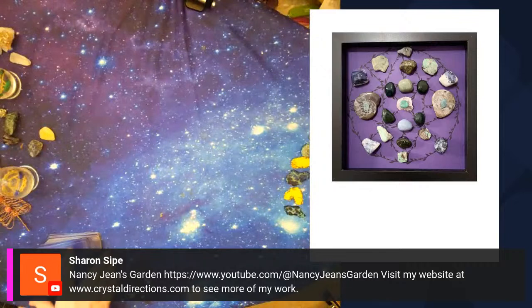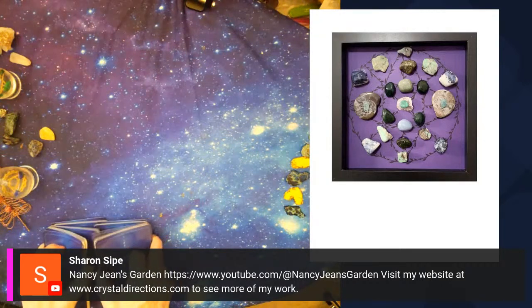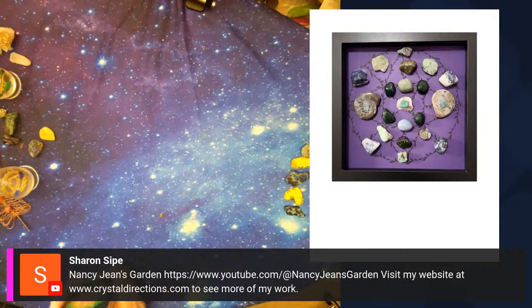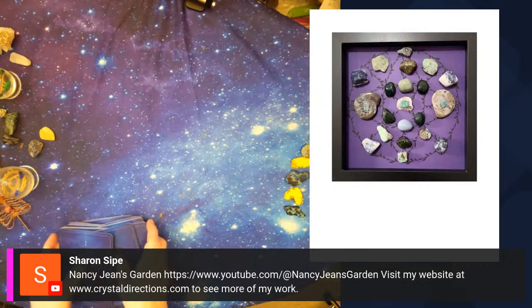And for your center stones, the ones to the right and the left of the center, those are ammonites. Those are actually polished ammonites. And I love using them for this because it comes from things that are living. It comes from living space. And is it apatite or azurite on the top? I can't remember. It's hanging on your wall.